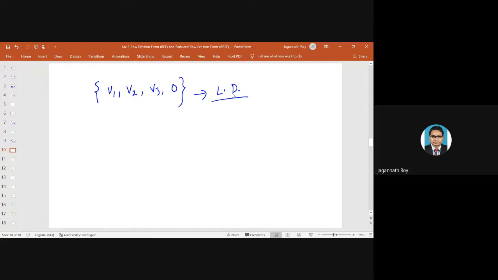Because if you take the linear combination c1 v1 plus c2 v2 plus c3 v3 and c4 times 0, you can take c4 as non-zero, so at least one coefficient is non-zero. So whenever you have a 0 vector in the given set, that set becomes linearly dependent.